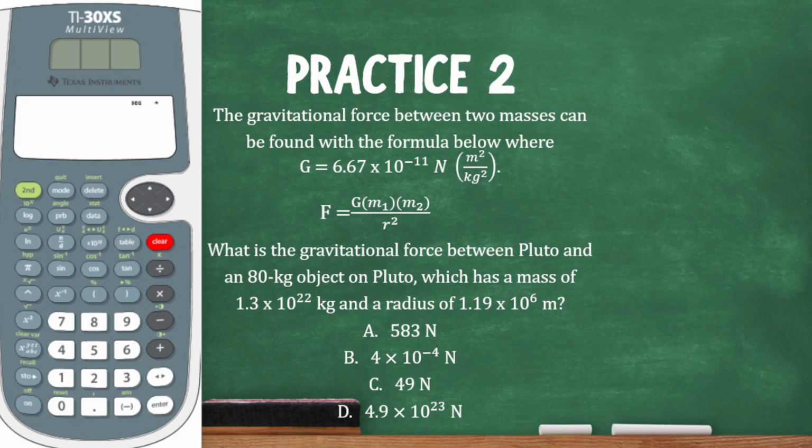So we have a lot going on here, and there's a lot of places in our formula to plug in values. We've got 1, 2, 3, 4 places to plug in some values. So F equals, the first thing is G, and they tell us what G equals right here. It's 6.67 times 10 to the negative 11th.